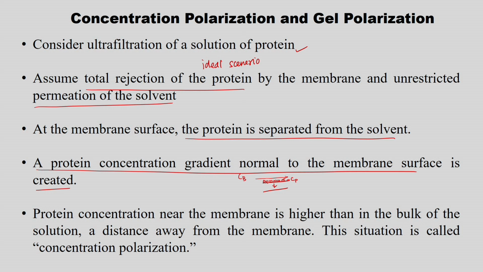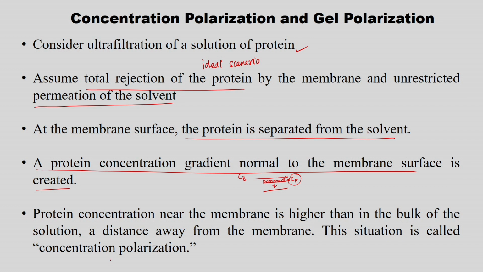The protein concentration near the membrane is higher than in the bulk of the solution. That means when the feed is flowing along the membrane surface, the retentate from the bulk solution is moving towards the membrane surface. So, over time the protein concentration near the membrane, Cp, is higher than Cb, a distance away from the membrane.